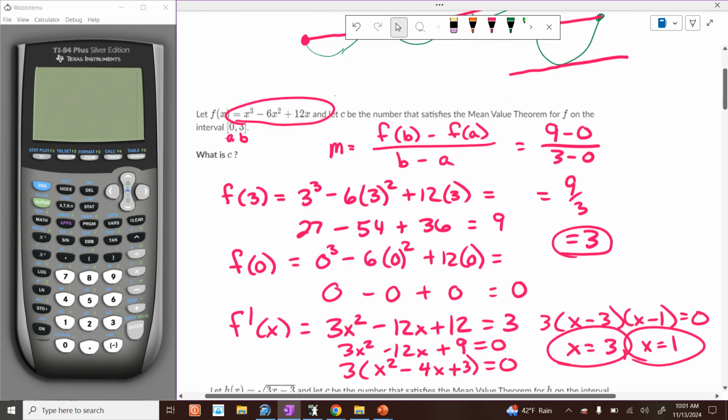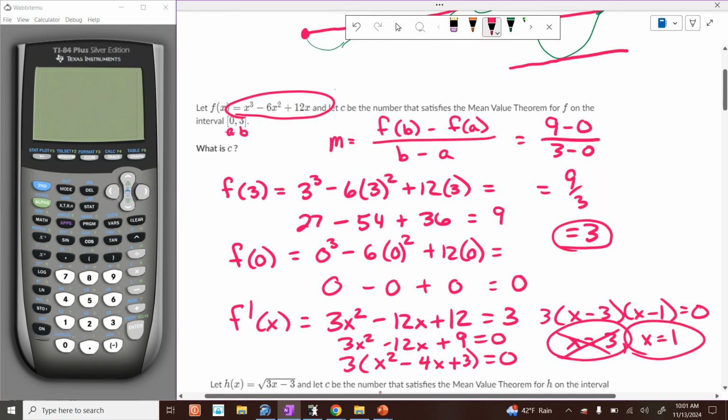Oh, actually 3 does not, excuse me, because it has to be within the open interval. It can't be an endpoint. So 1 is the answer. There's only one answer for this one. Where x is 1, its slope will match the slope of the line created when we connect the endpoints. And that's the mean value theorem.